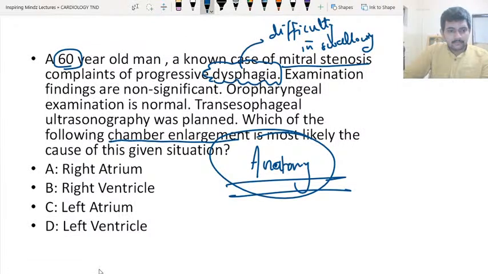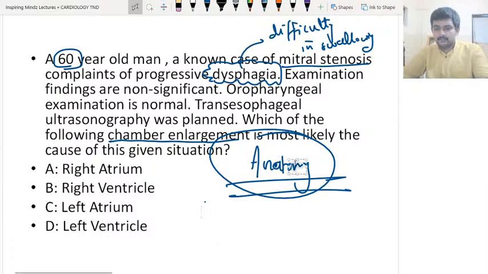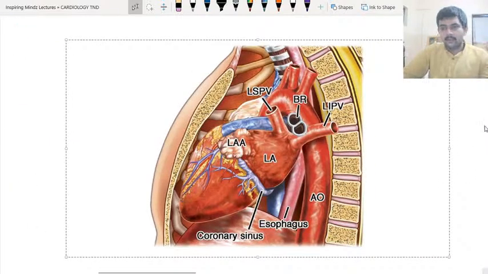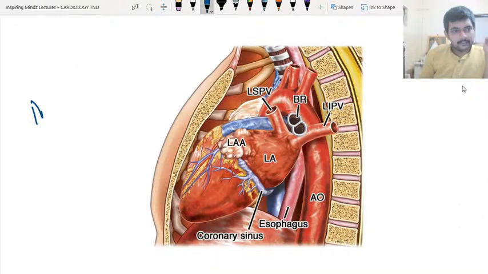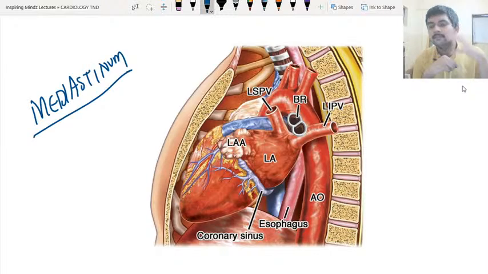So now let's see. Okay, this is the figure that shows your mediastinum, right? Certain important points we should know about the mediastinum is how it is anatomically located.